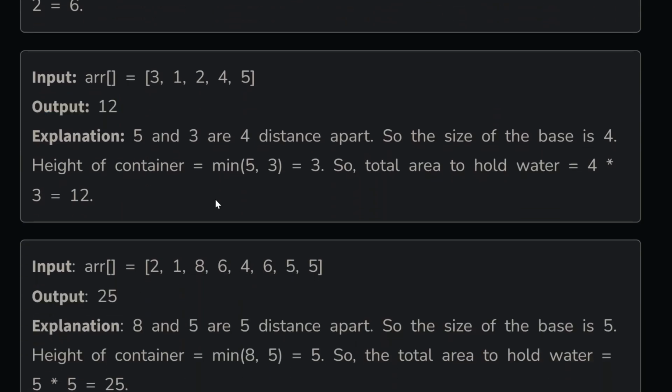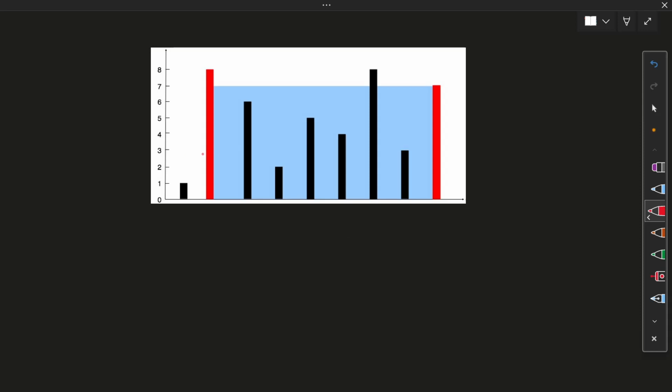So let's build the approach. I have taken this test case, and we need to find the maximum amount of water. In this question we're going to apply two pointers, our L pointing to the 0th index and our R pointing to the last index. Then how much water can we store between these two pillars? What's the minimum height?